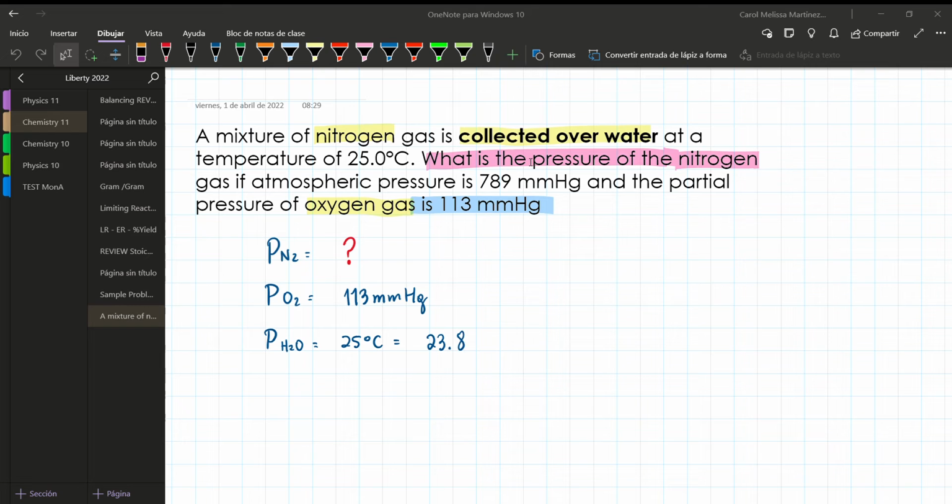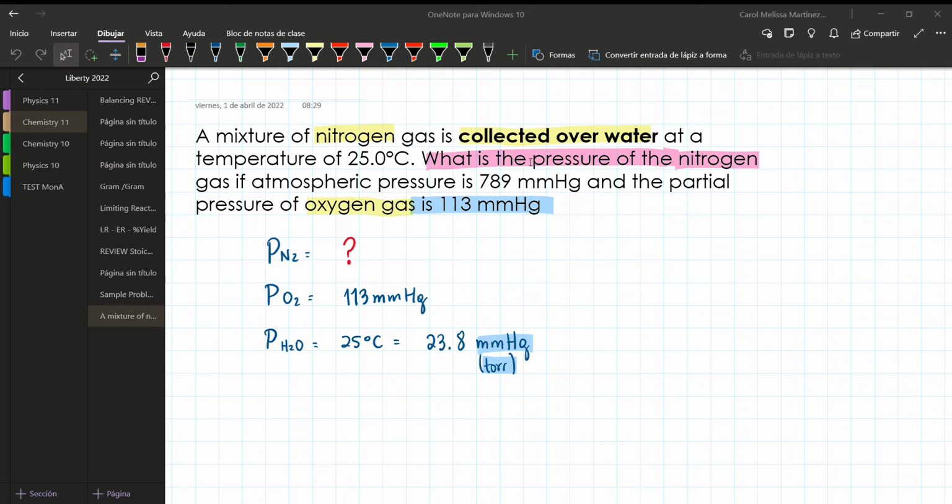These are millimeters of mercury, though in the table it shows just the torr. Okay? But remember that torrs and millimeters of mercury are the same. They are equivalent units.